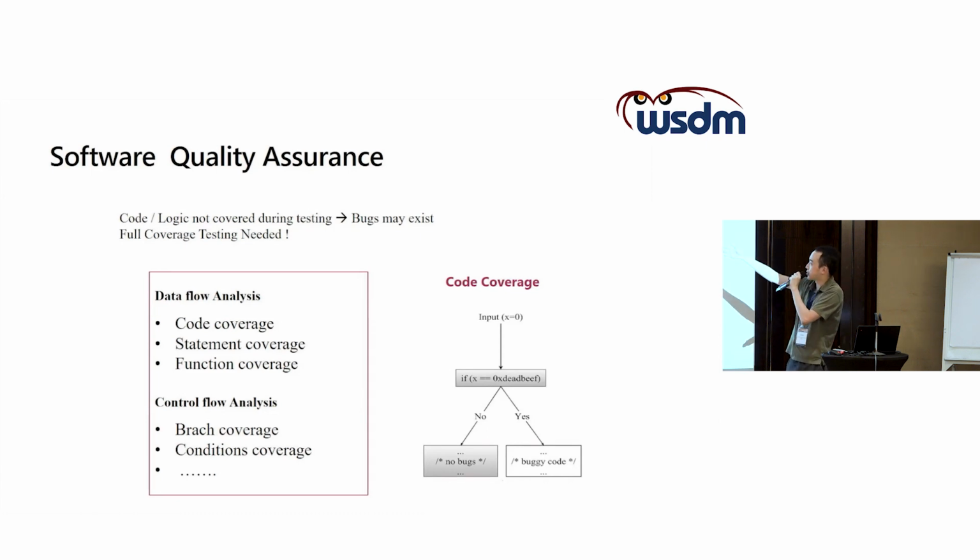So here I want to show some examples for software quality assurance. For example, we can analyze the code coverage, the statement coverage, and function coverage. We can also analyze the control flow. So here is how software people do their own work.